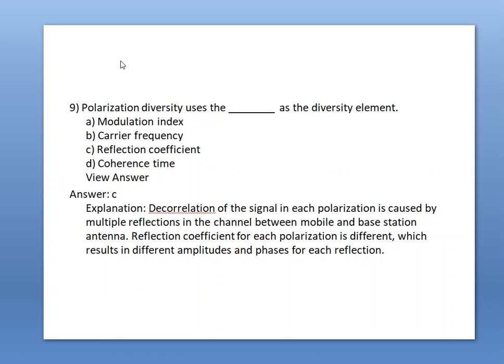How much of the signal is reflected back to the transmitter, that measure we call the reflection coefficient. Normally in field theory, it plays a crucial role in judging a waveguide. Similarly, in wireless communication, the value of the reflection coefficient judges the efficiency of the channel.